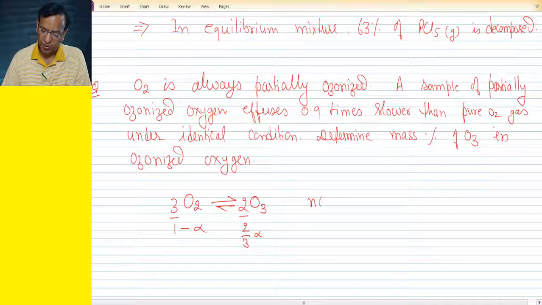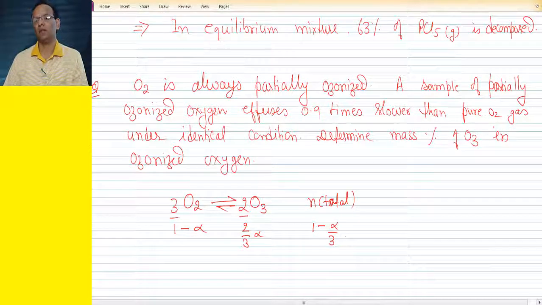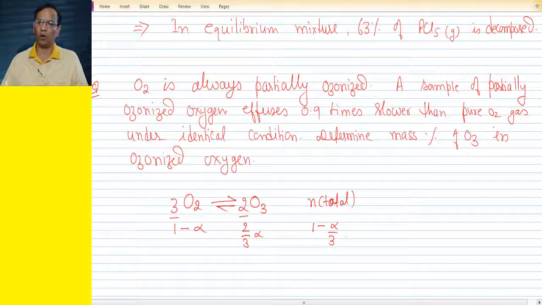So N total will be equal to the sum of all this: 1 minus alpha plus 2 by 3 alpha, so 1 minus alpha by 3. That is the number of moles of the equilibrium system starting with 1 mole of oxygen.